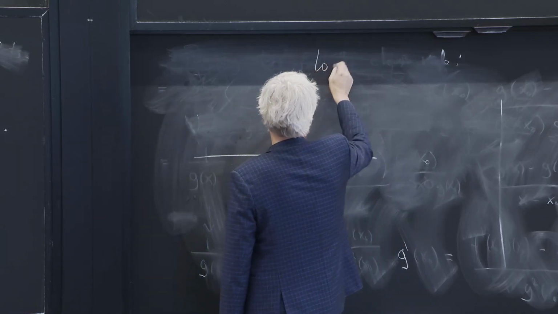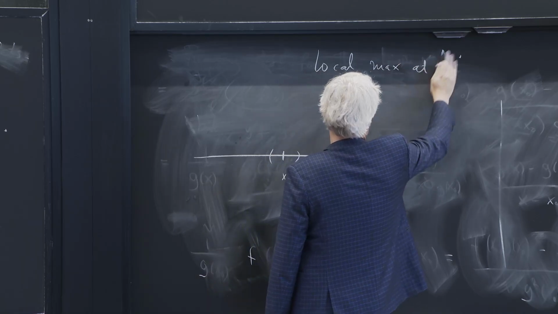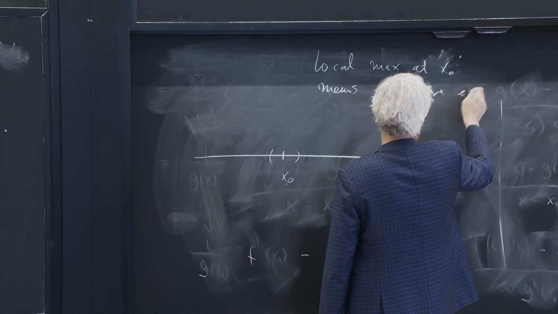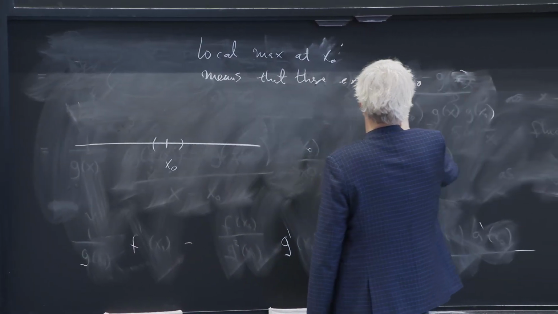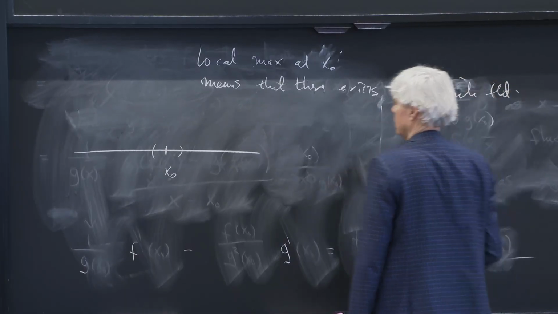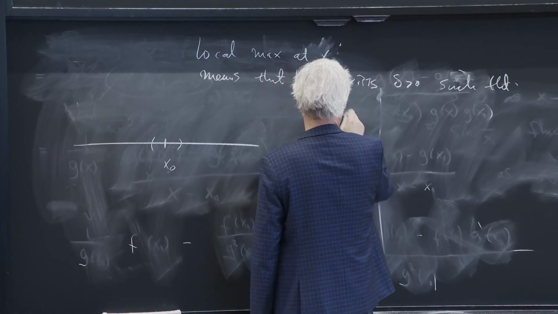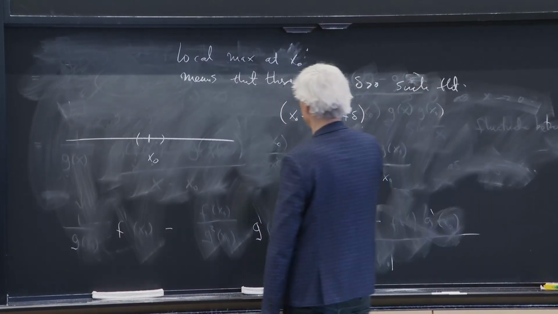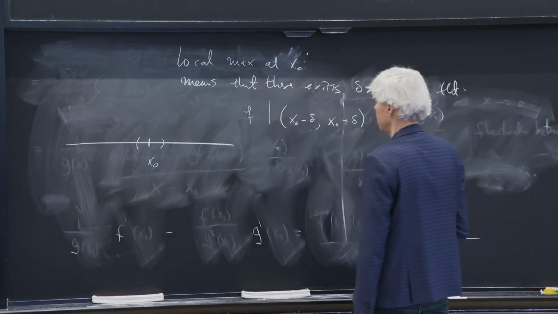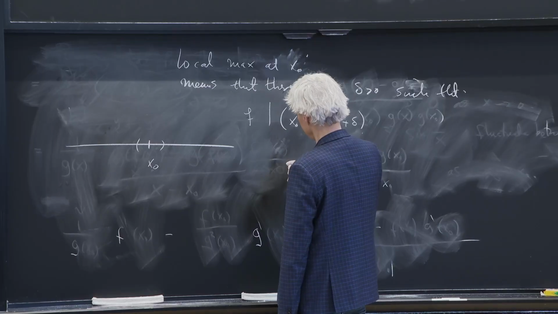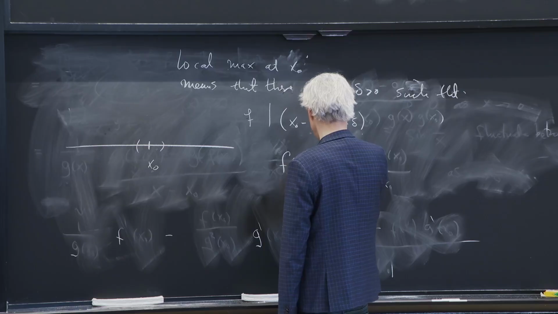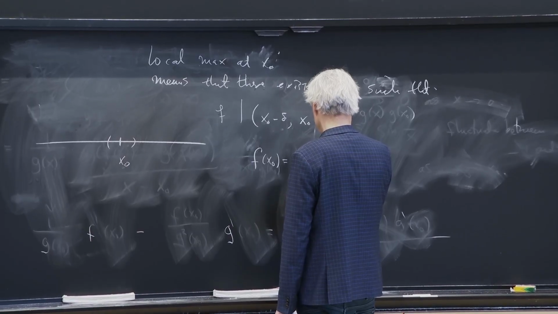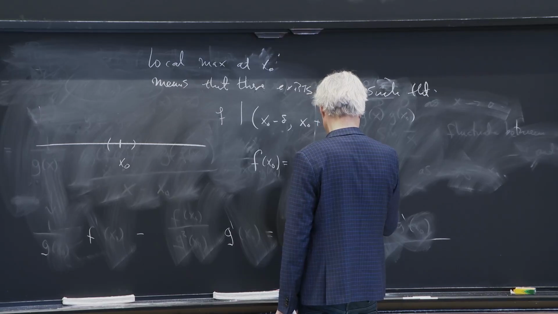So local max at x0 means that there exists delta greater than 0 such that if you're looking at the interval to either side of x0, this interval, and you're looking at f here restricted to this subset, then x0 is a max. So this means that f of x0 is equal to the max of f of x, where x here is in this little interval here.